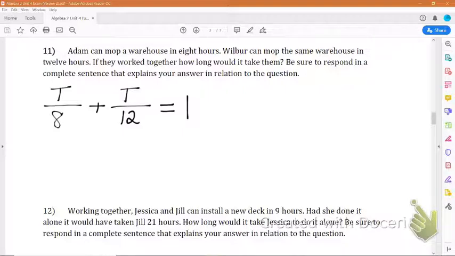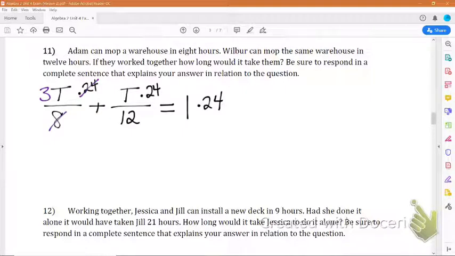So I would, since we know it's 24, multiply every single term by 24. What that does is creates a problem for us to reduce. If I take 24 and I divide it by 8, you get 3.